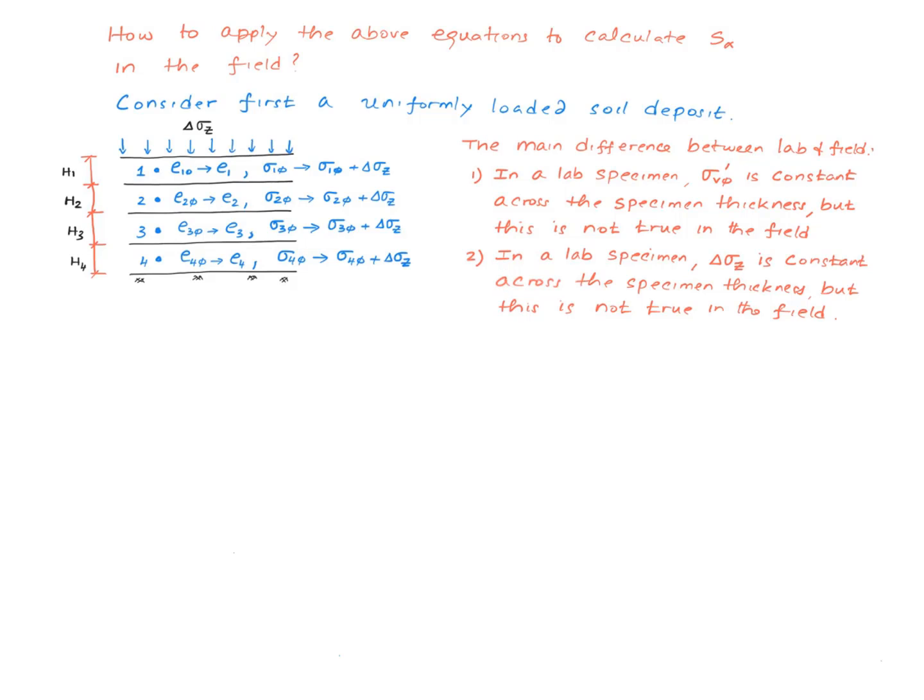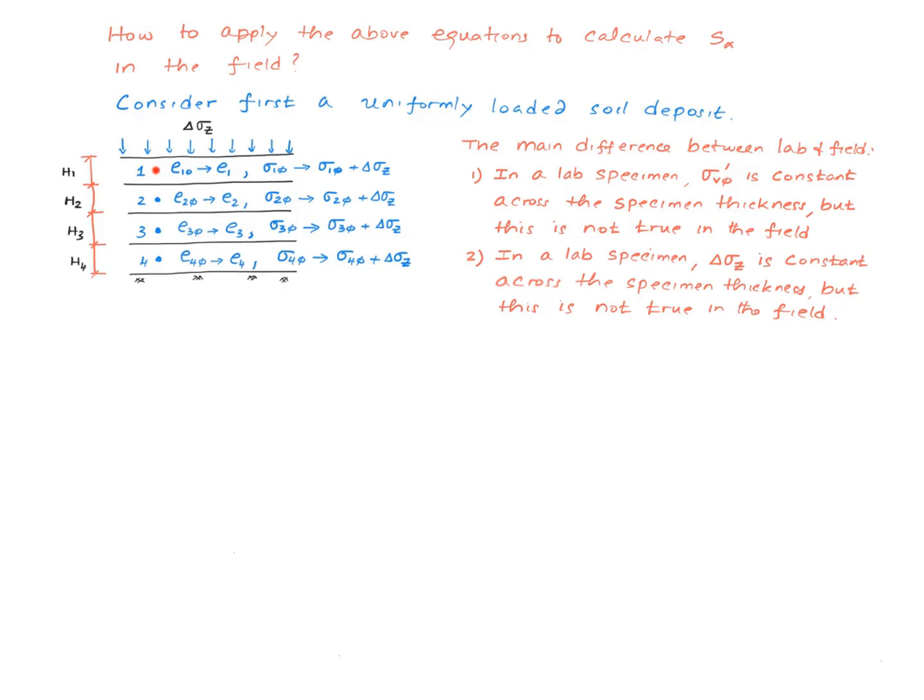So with these in mind, let's consider a simple system first, where the soil deposit is subjected to a uniform vertical stress. In other words, the change in the vertical stress is going to be constant for all the layers up until the bedrock, and it's going to be uniform. Let's just say there are 4 layers above the bedrock.